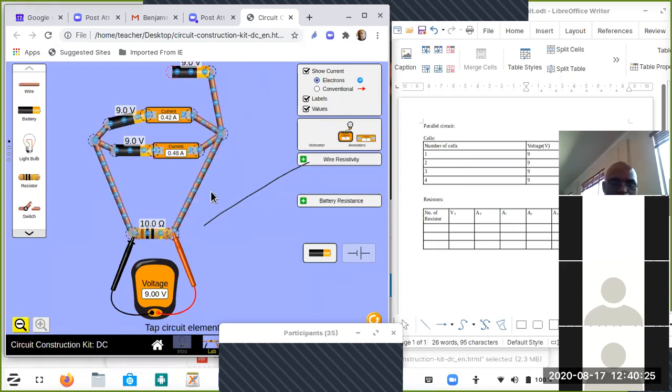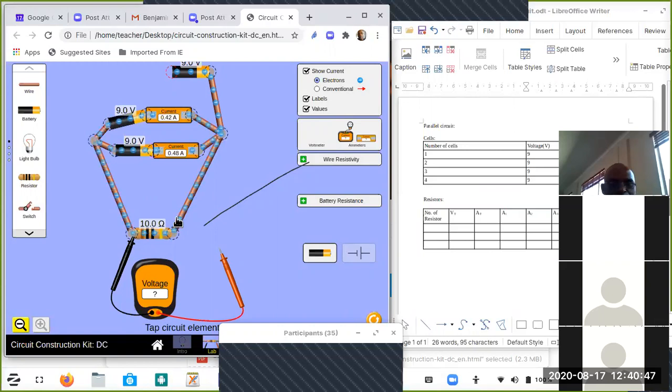So it's affecting our resistance here. No problem. Now, this is the current produced by the first cell, and 0.48 is the current produced by the second cell. The cells are parallel to each other.